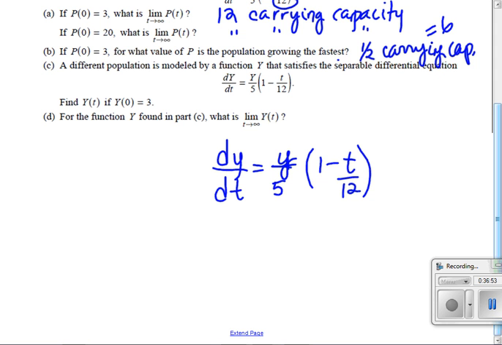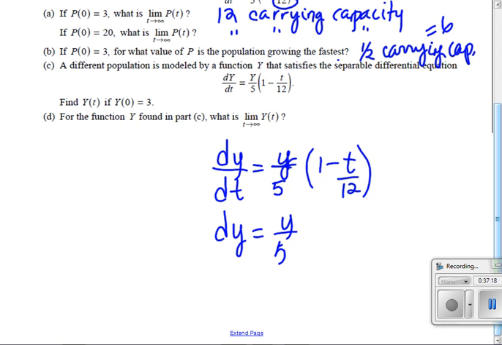What's the first thing you do? Okay. Yeah, separate the variables. So you guys should do it. This is like, let's see, this was 3 points, this is going to be 6. So you should do it. I've multiplied through by dt.